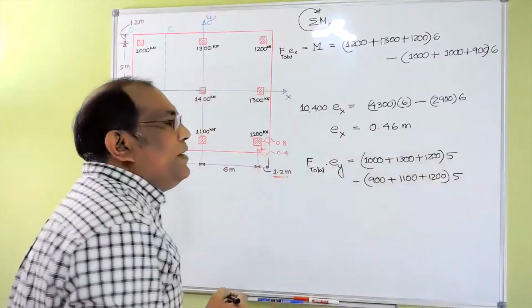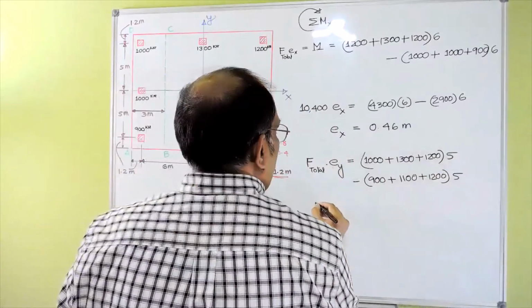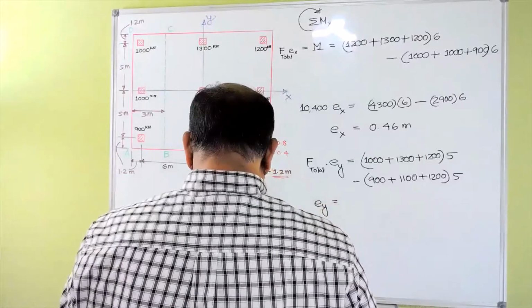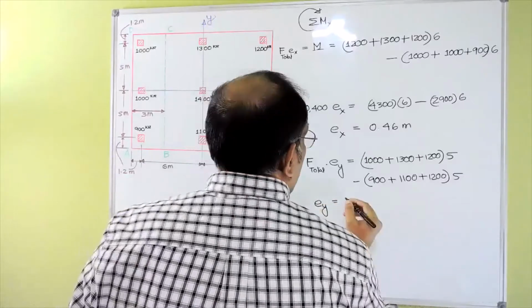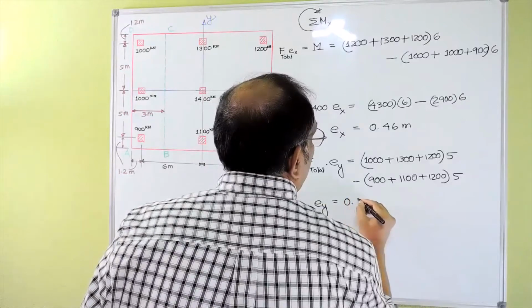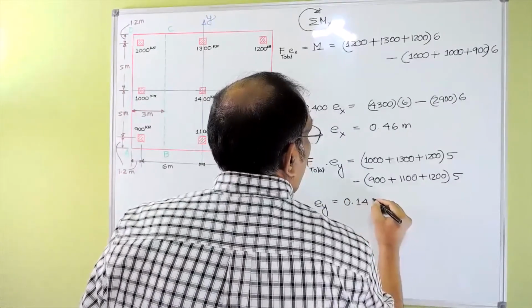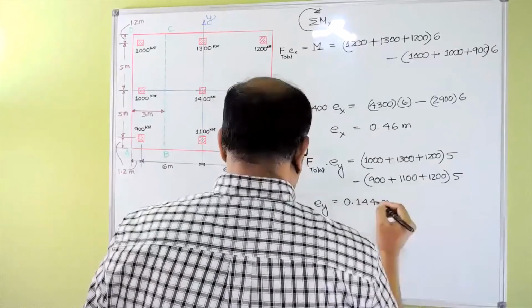So you can see your Ey is basically 0.144 meter.